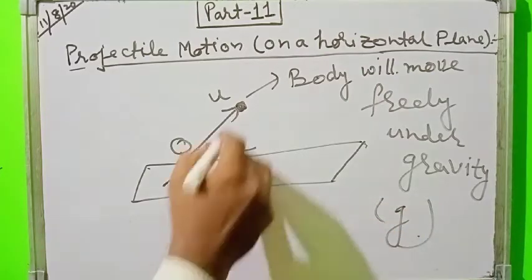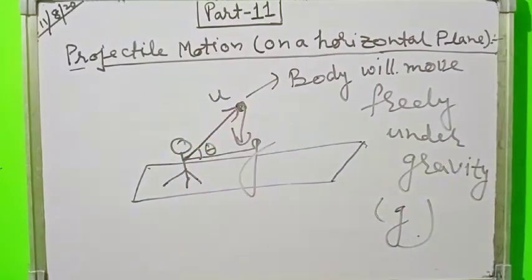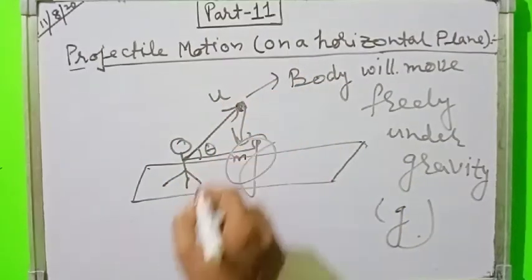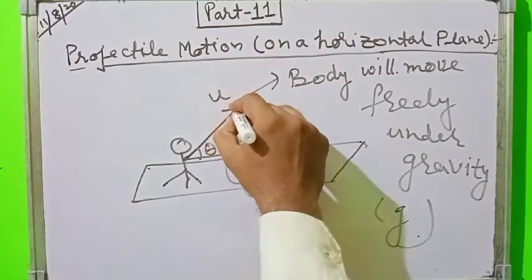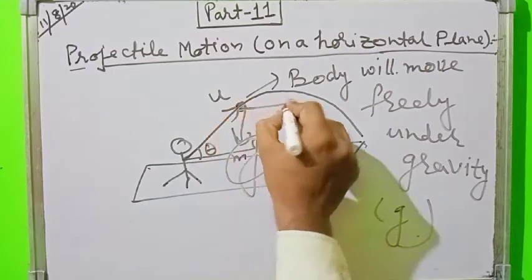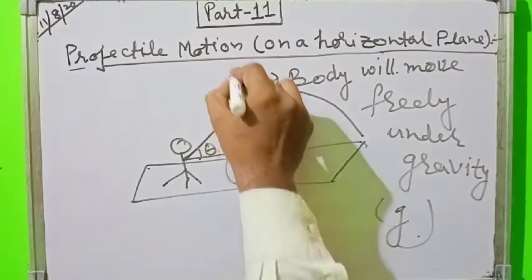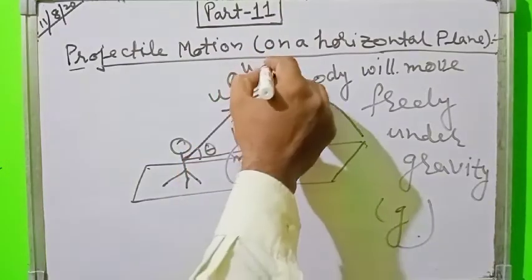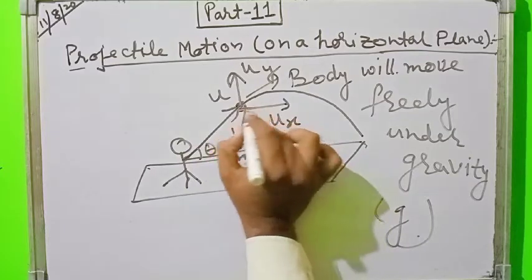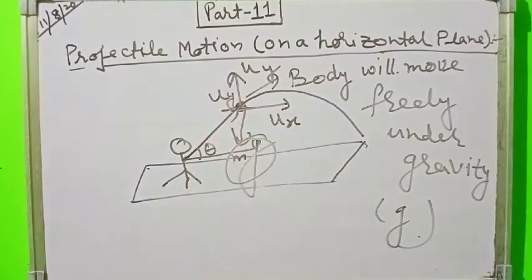Gravity g is acting on that object, due to which the weight mg of the object is downward, which bends the path of the object like this. On resolving the velocity there are two components, ux and uy. ux is the component of the velocity along the horizontal direction, and uy is the component along the vertical direction.